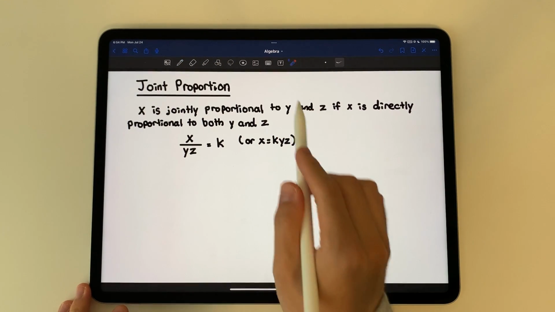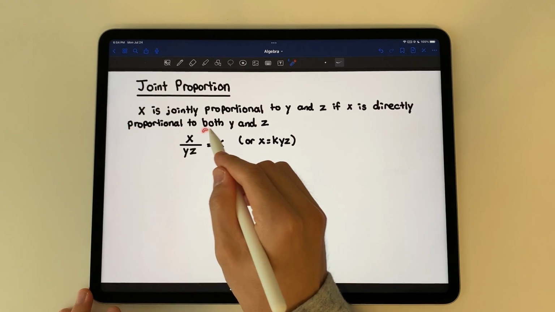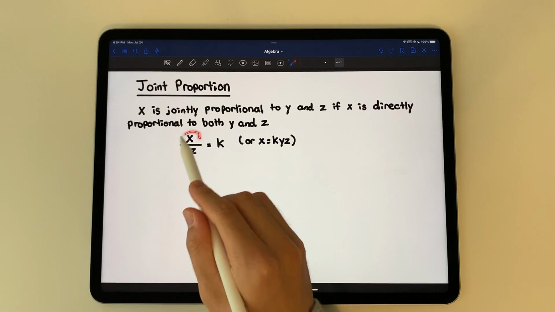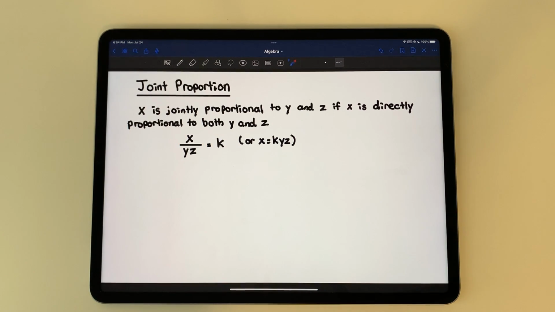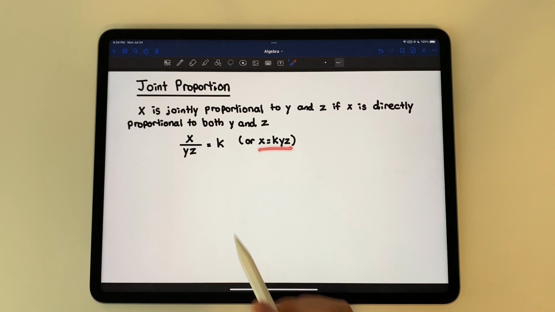X is directly proportional to both y and z. So another way we could write that would be x over yz is equal to k for some constant k. And we could also view that as x equals k times yz if we just multiply both sides by yz.